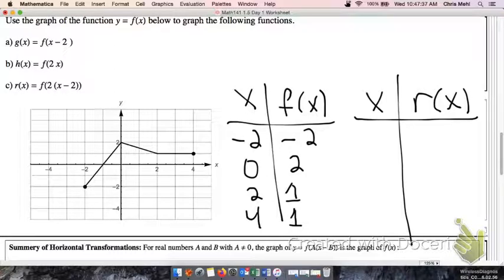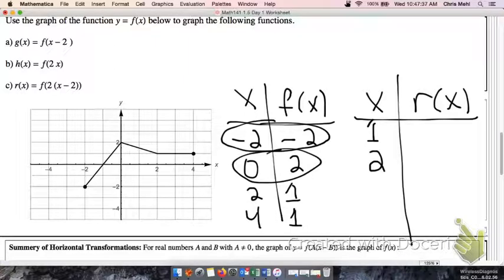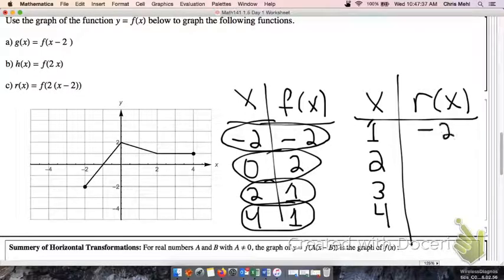So for the first one, if I divide the x coordinate of negative 2 by 2, I get negative 1, and if I add 2, I get positive 1. If I divide 0 by 2 and add 2, I get positive 2. If I divide 2 by 2, I get 1, and I add 2, and I get 3. And if I divide 4 by 2, I get 2, and if I add 2 to that, I get 4. And again, you would see that all the outputs would stay the same if I actually worked it out algebraically.